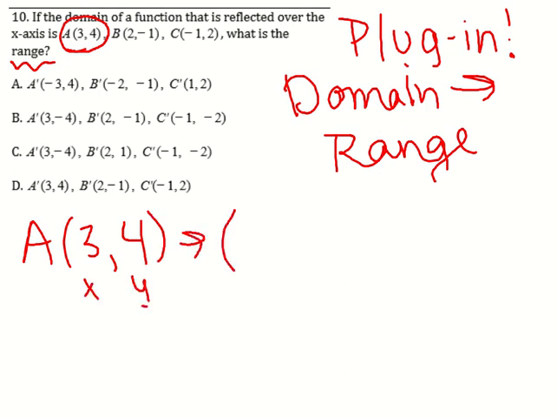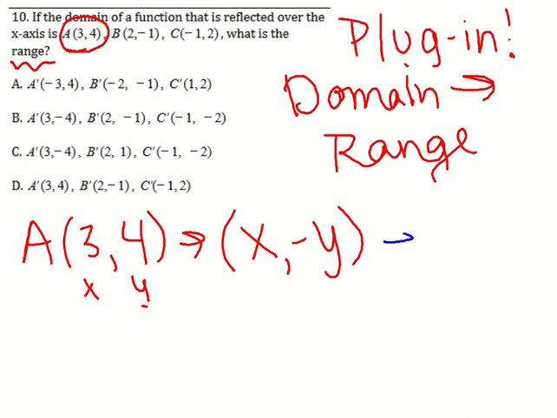We're going to take that and we are going to reflect it over the x-axis. If I'm reflecting over the x-axis, that rule is my x stays the same, but my y changes signs.